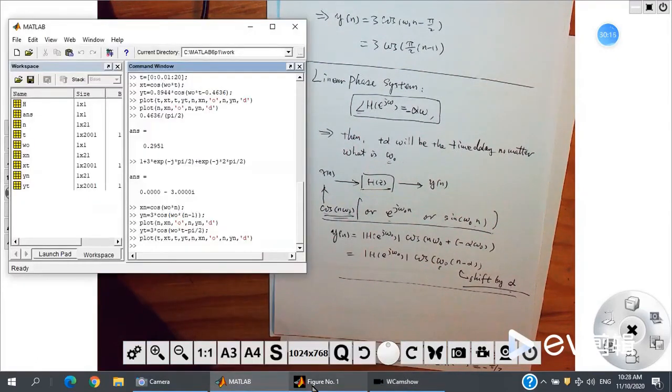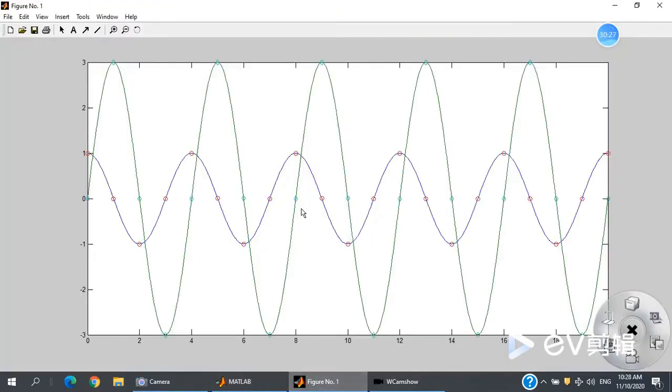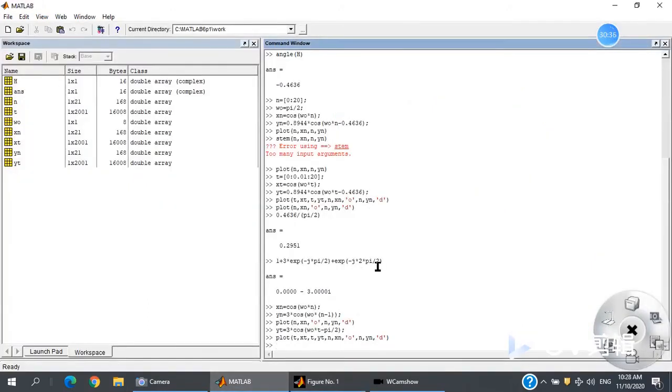Let's look at which example we can have for this. Yeah, this will be the same thing, just like this one. We know this is shifted by 1, right? Now omega 0 is pi over 2. If we change the frequency, for example, let me write it here.